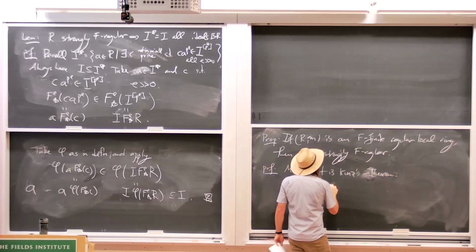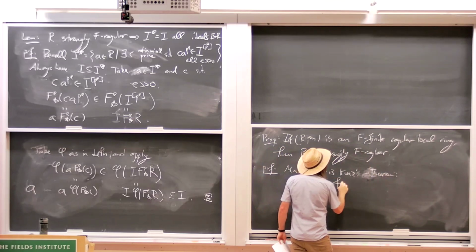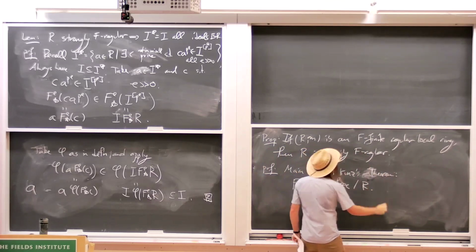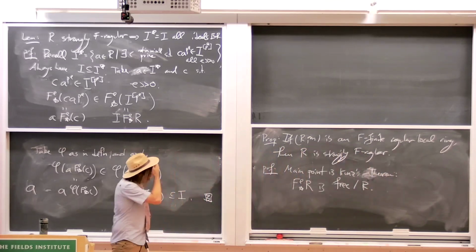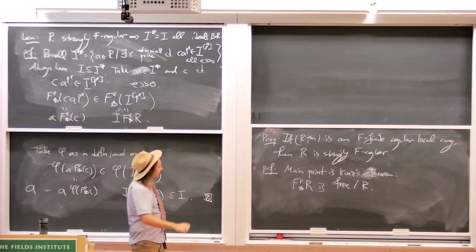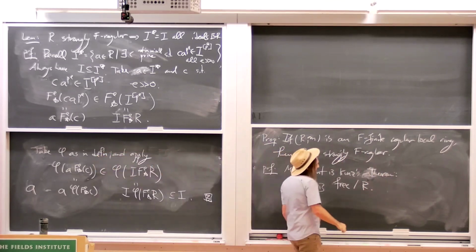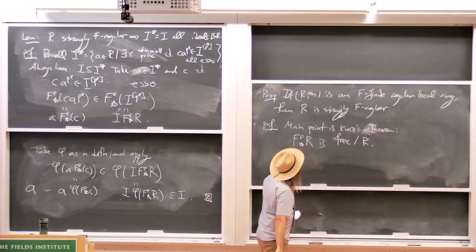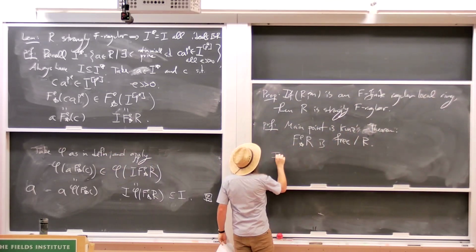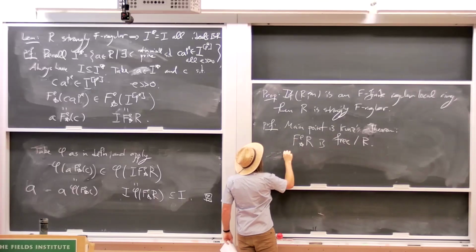Call it S, whatever. These hypotheses were enough to say that Euler star is a free R module. So.